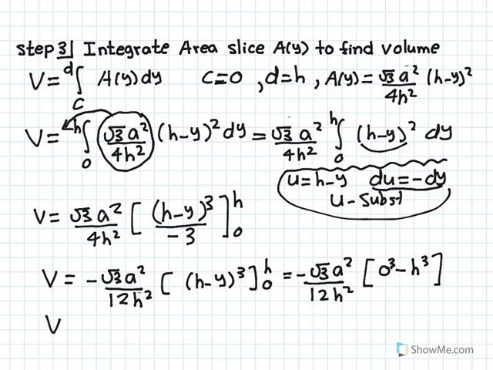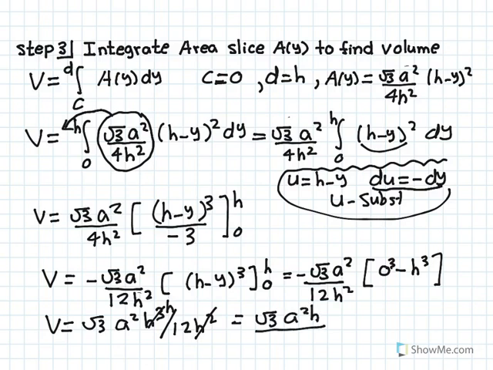The volume, after simplification, becomes root 3 a squared h cubed divided by 12h squared. Well, now h squared cancels with h cubed, giving us h. So we get volume as root 3 a squared h divided by 12.